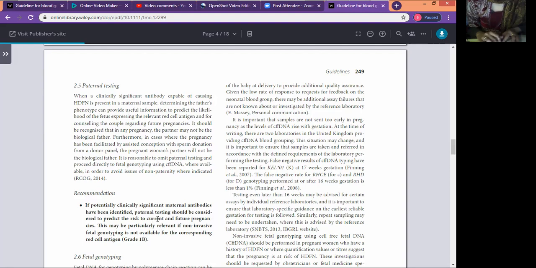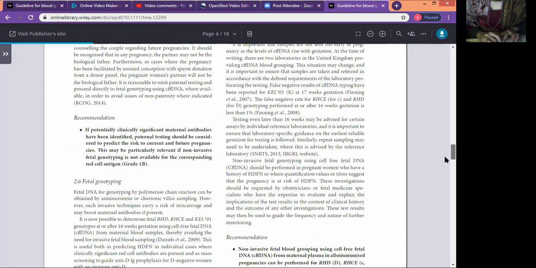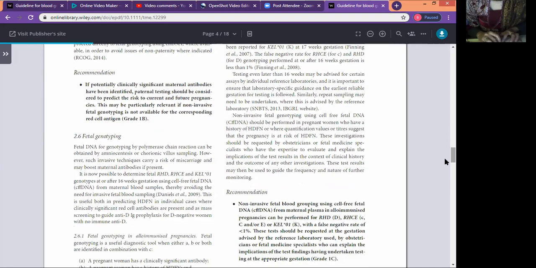But the paternal testing is more important for future pregnancy, so that the mother can be warned of any antibody that she has, likely to be due to an antigen that may show homozygous or heterozygous expression in the father. That would be of clinical significance to go about paternal testing in these cases.